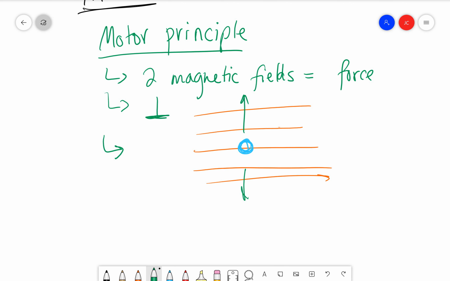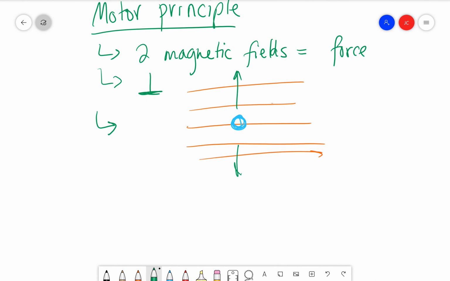Finally, the strength of this force depends on the strength of the external magnetic field and the current through the conductor. So the field and the conductor current both matter here. And to summarize this, basically if you have a straight magnetic field that goes in a certain direction, so that's the orange lines here, they're going, let's say, this way.